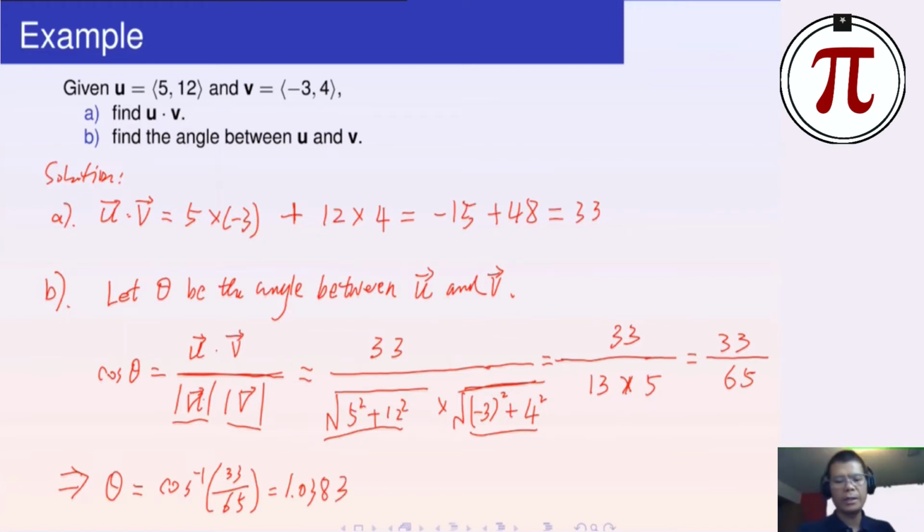That is the answer, and of course this is in radians. So pretty easy, right? If you know the formula, everything is pretty easy for this one. Find the dot product, find their magnitudes, get the cosine of theta, and then you can find it.